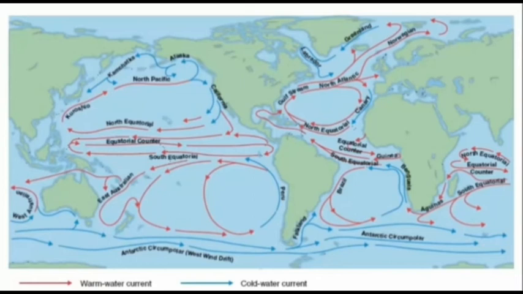You may see the same in this picture. The red colored arrows indicate warm currents and blue colored arrows indicate cold currents. If you notice, most of the warm currents are nearby the equatorial region.